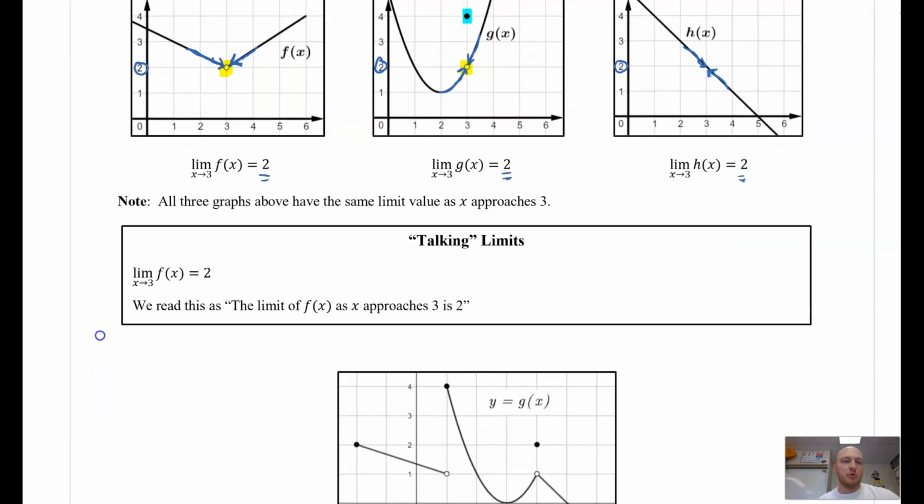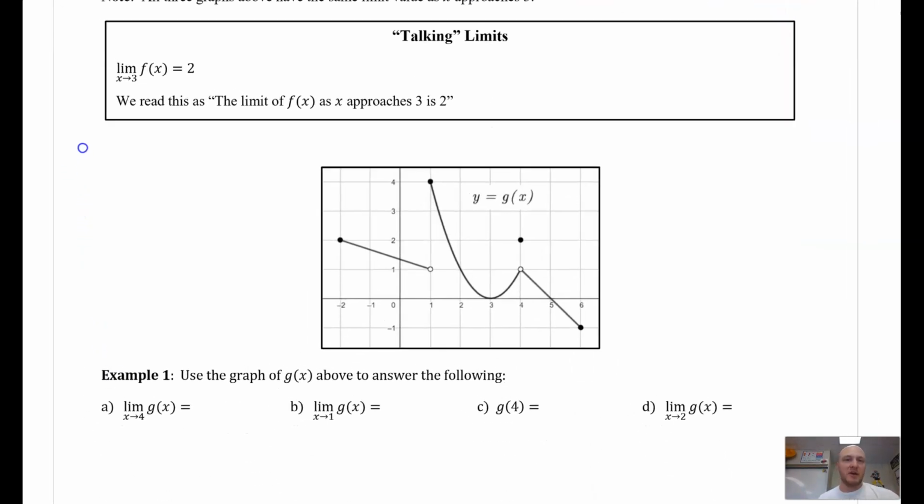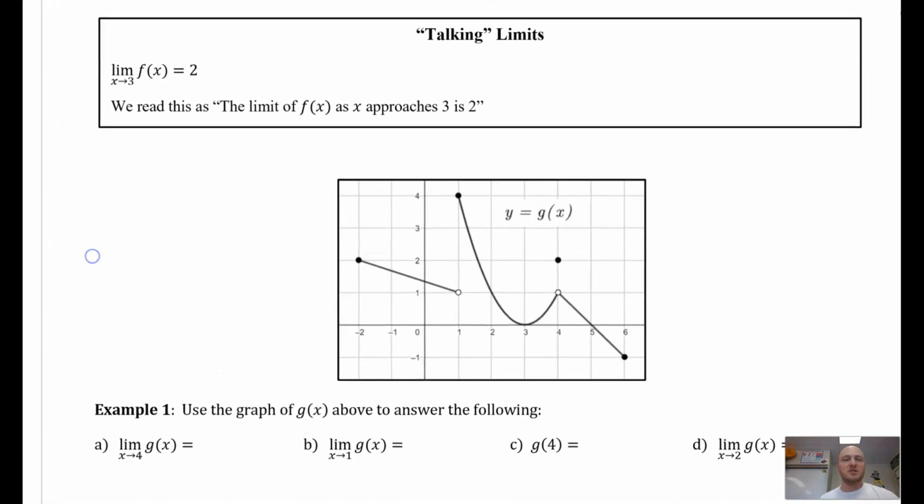So I've been reading these examples and talking about them, but here we specifically want to talk about how you pronounce and read limit notation. Write this down or underline this, maybe color code, highlight if you have those supplies available to you. We read this as the limit of f of x, just like a function, how you say "of."